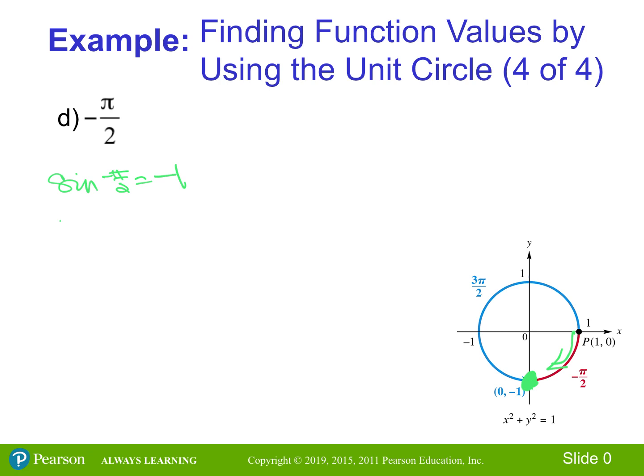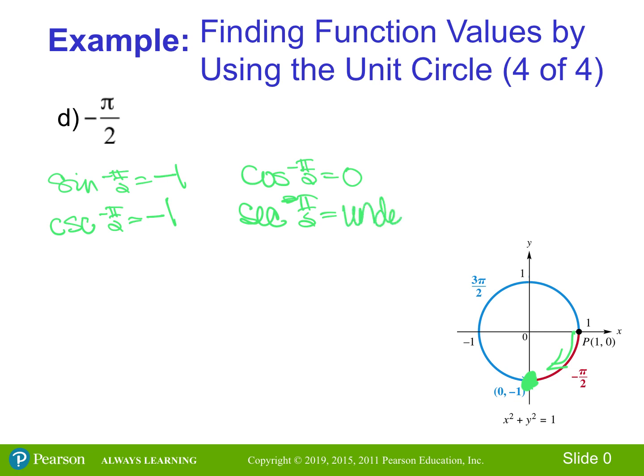The reciprocal of that, or the cosecant of a negative pi over 2, is going to give me -1. The cosine of a negative pi over 2 is going to equal 0. And the secant of a negative pi over 2 is going to be 1 over 0, or undefined.